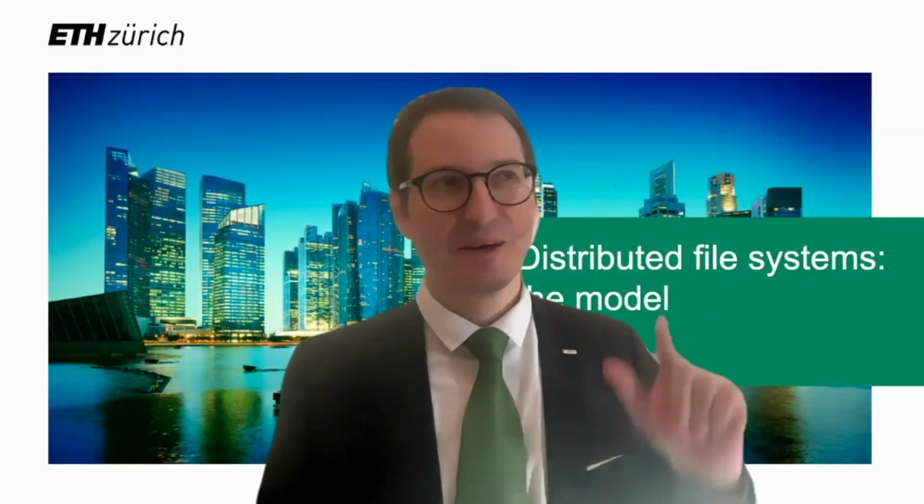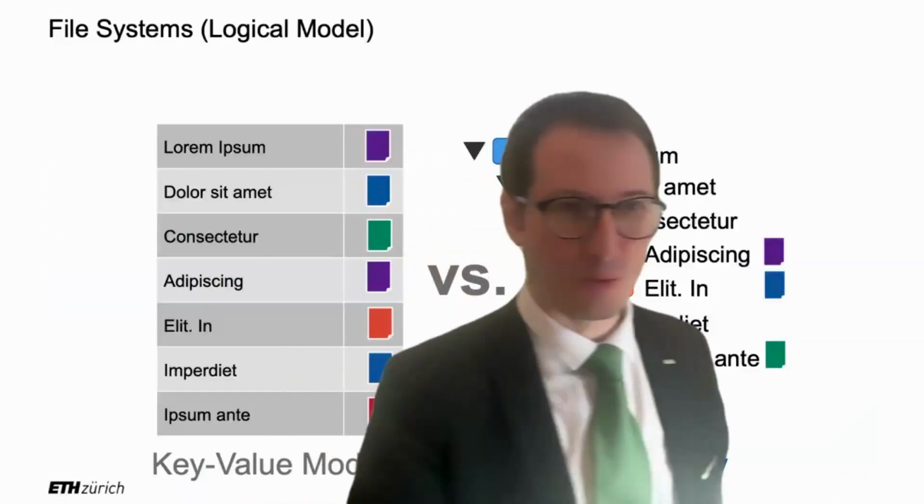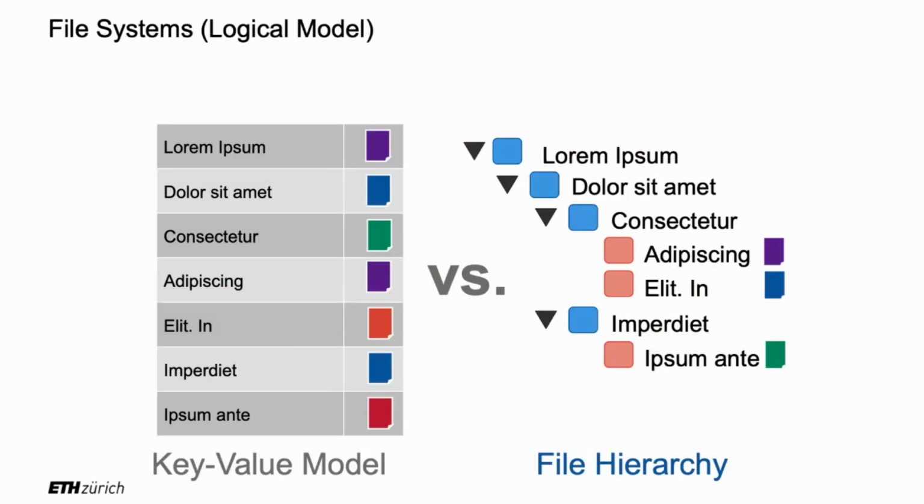So the model, there are two differences with object storage. Difference number one is that in object storage, you have this flat key-value model where you have objects plus bucket IDs that give you an object. But in a distributed file system, or in any file system, you have a hierarchy of directories and files. So it's a tree. Of course, the trees of computer scientists are very different from the trees we see outside.